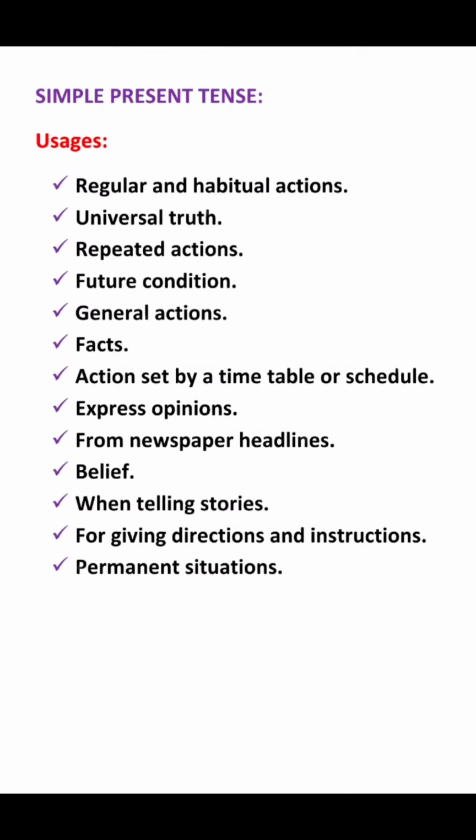We'll see simple present tense and its usage: regular and habitual actions, universal truth, repeated actions, future condition, general actions, facts, actions set by a timetable or schedule, expressing opinions, newspaper headlines, belief, when telling stories, giving directions and instructions, and permanent situations.